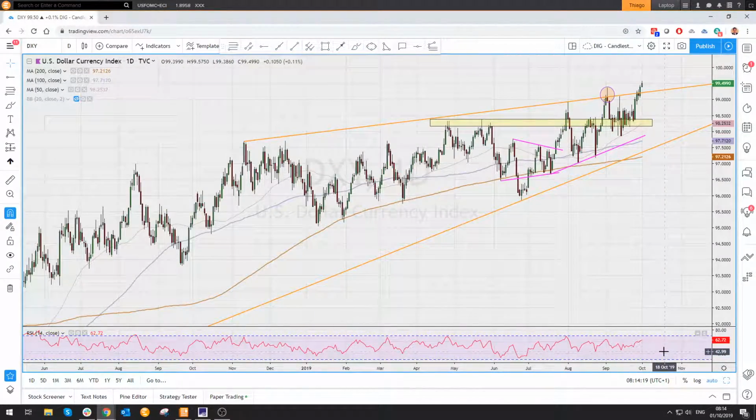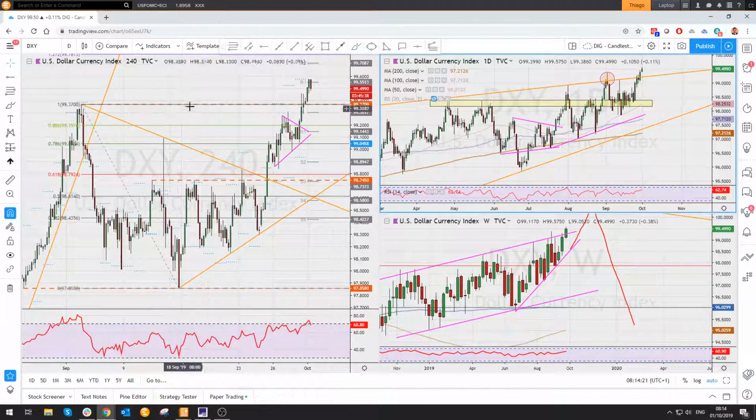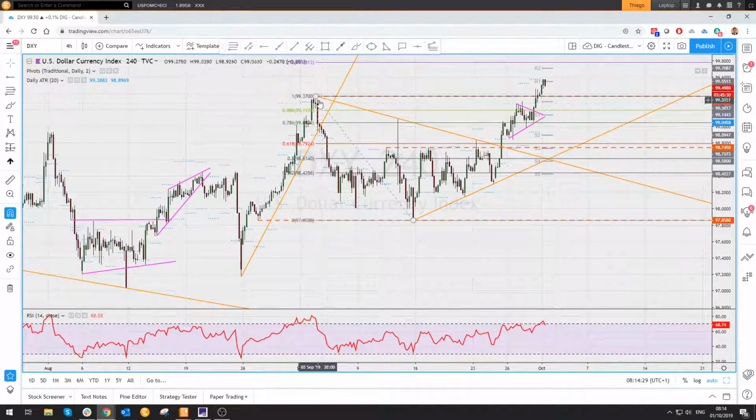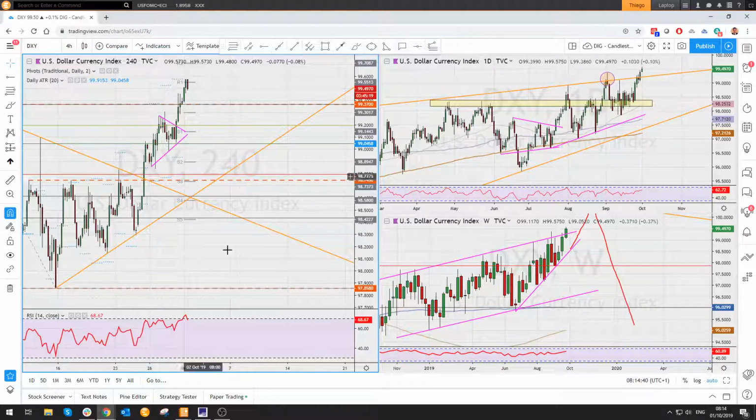That's one thing for sure, which we have been discussing for quite a period, for a few days now, especially inside of this triangle. I told you guys to be very aware of a breakout, which occurred here, and after that the dollar has been very strong indeed.